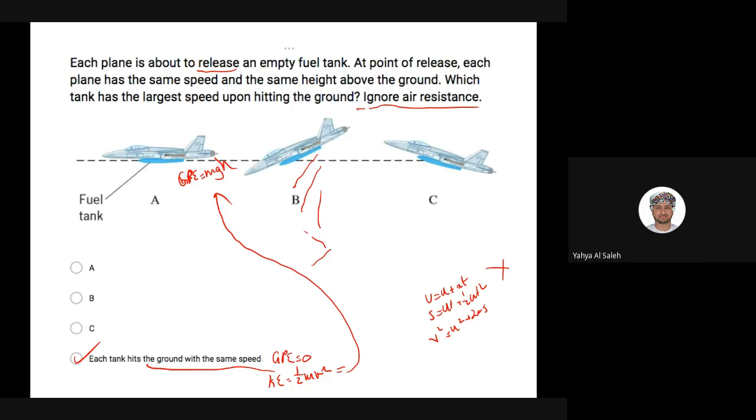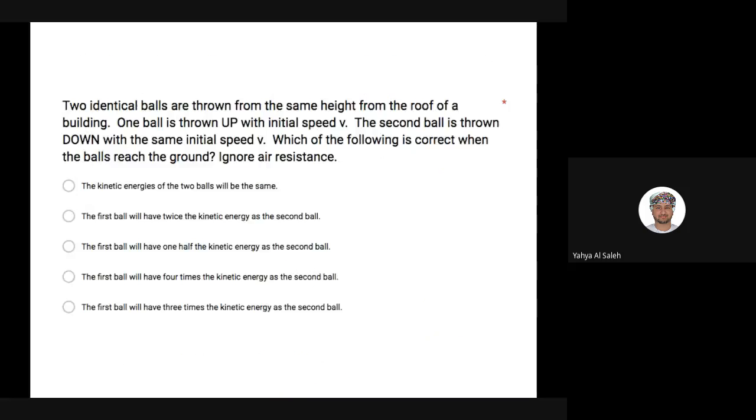So you will end up with a slower velocity for any rotating objects. Okay? We will study more about rotation and rotation dynamics in chapter 10, I believe. Okay. Any other questions on this?